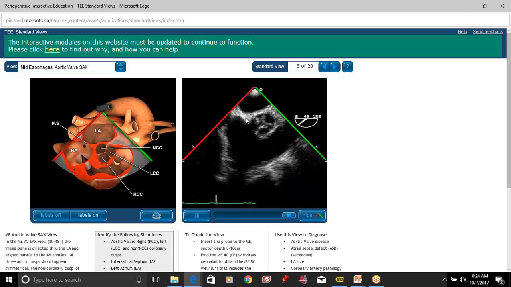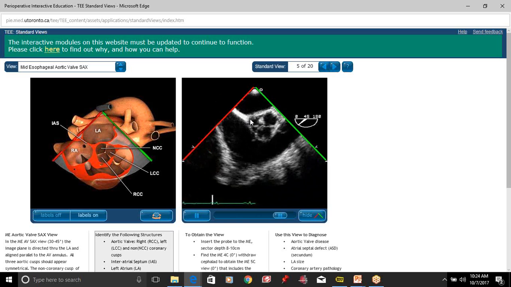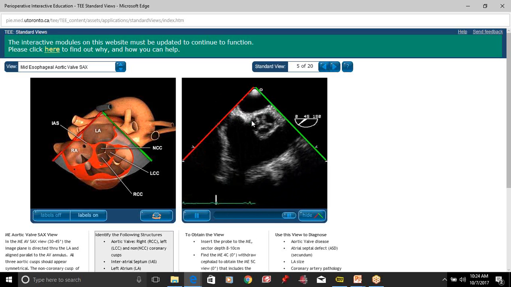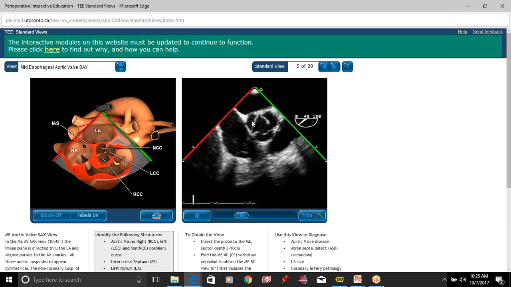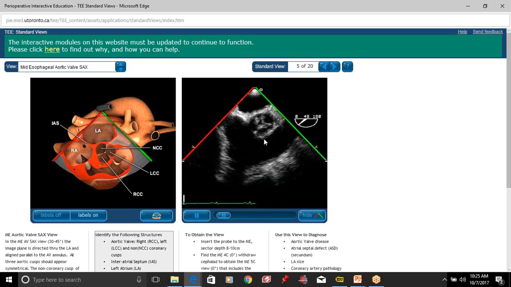Very important, the atrial septum is adjacent to your non-coronary cusp. So this is the non-coronary cusp. Again, non-coronary cusp. It appears in all exams. So you have to know that. If this is the non-coronary cusp, this is the left and this is the right.